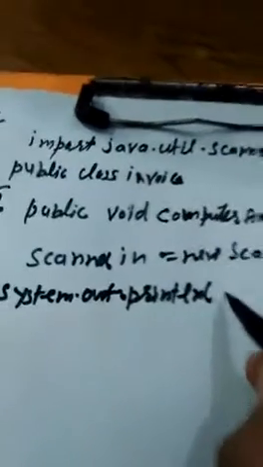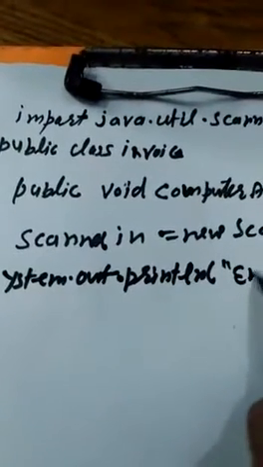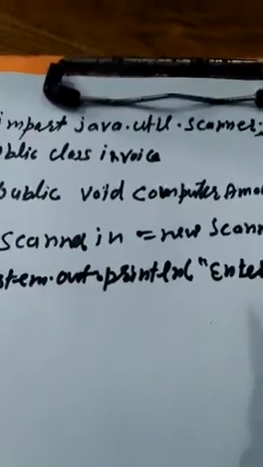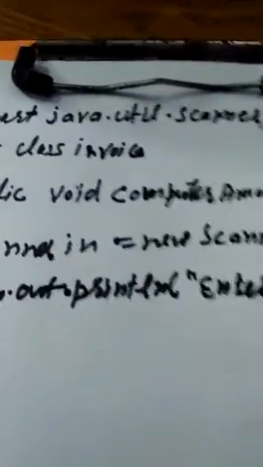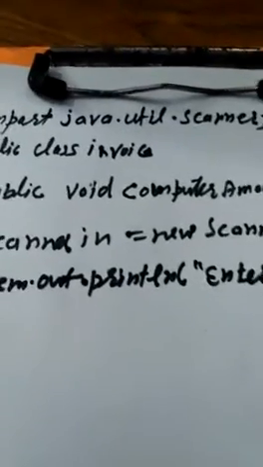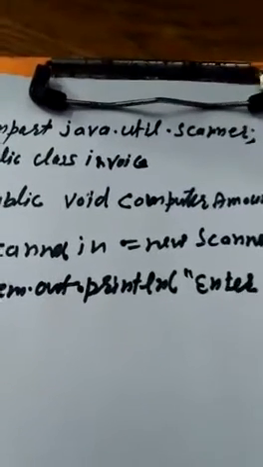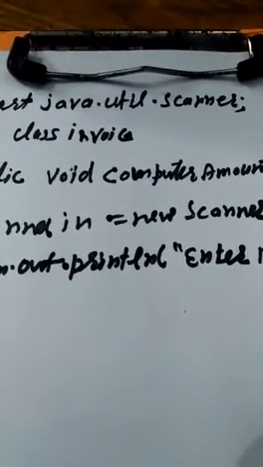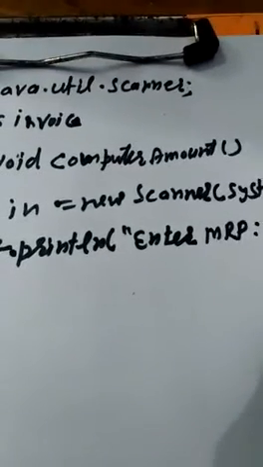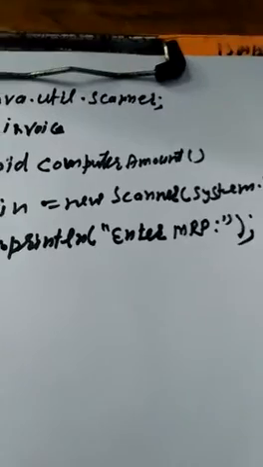For inputting the value, we give the statement "Enter MRP". You can write enter the MRP, enter the market price, enter the maximum price. You can write anything in the double quotes. Okay, now close the bracket and then a semicolon.